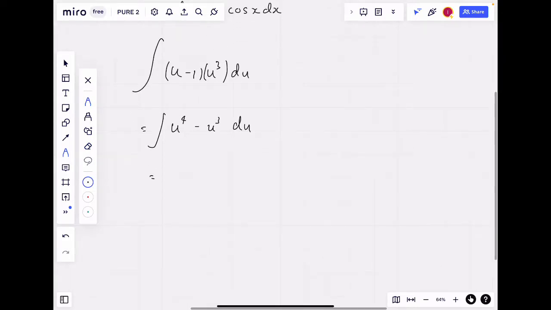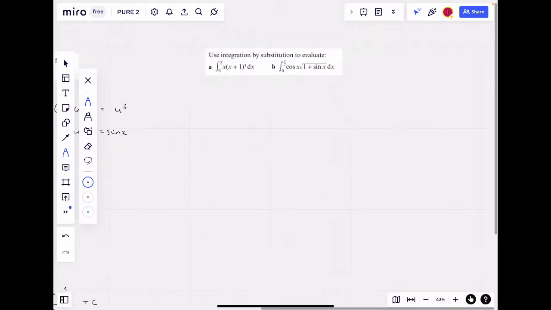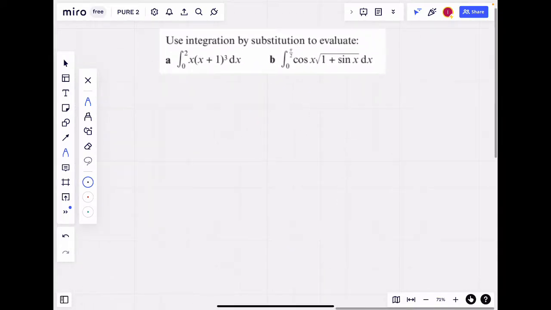And now integrating gives this. So sine x plus 1 all to the power 5 over 5 minus sine x plus 1 all to the power 4 over 4 plus c. There you go, done.